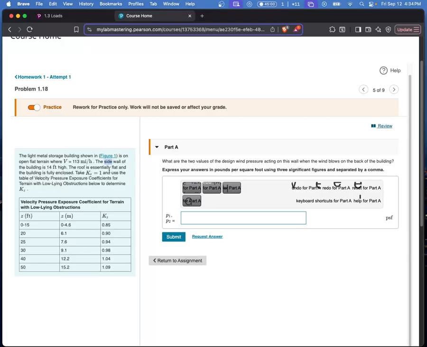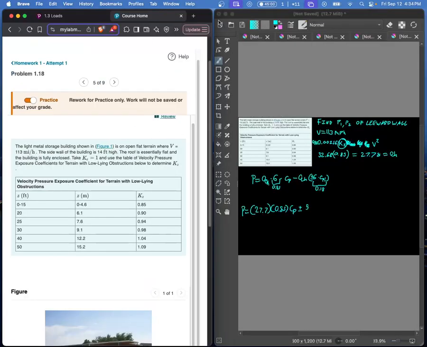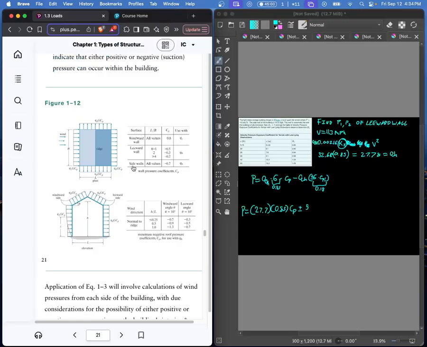Okay. Here's something you'll learn the hard way. If you're just given the height and you don't know the L over B, it's probably going to be the sidewall, because you don't need the L over B for the sidewall. So for sidewalls, all values are going to be negative 0.7.